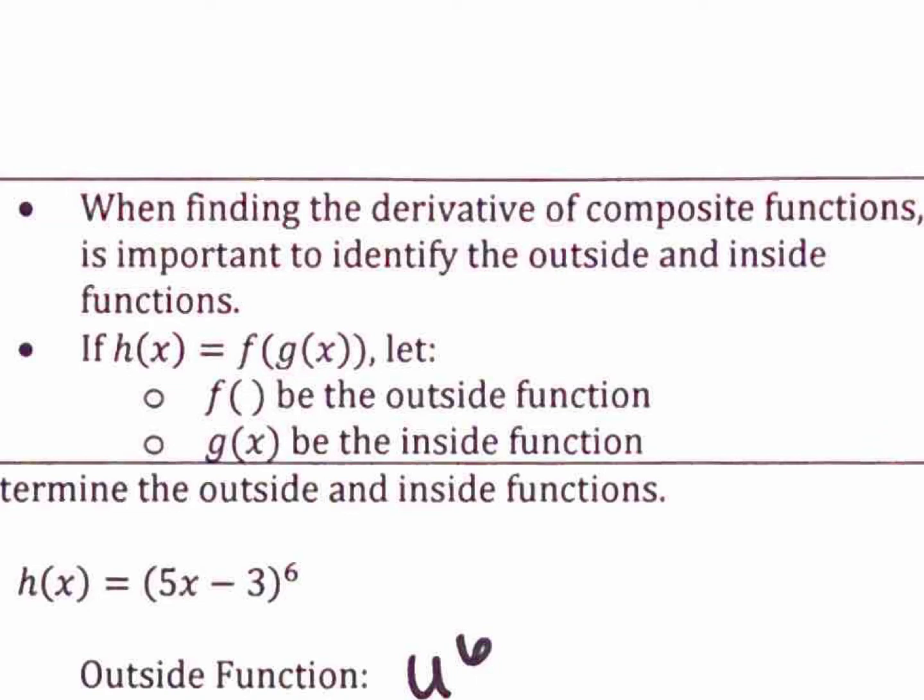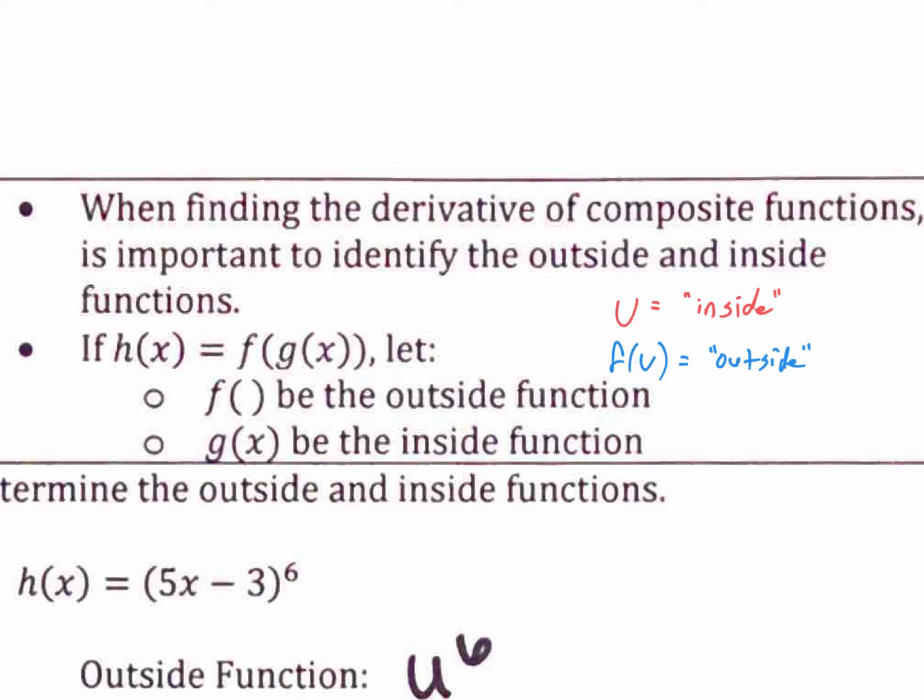We normally use the letter u to represent our inside function, and then f of u is going to be whatever the outside function is. And in doing so, we have this u function being plugged into the outside function. So the inside function is getting plugged into the outside function.